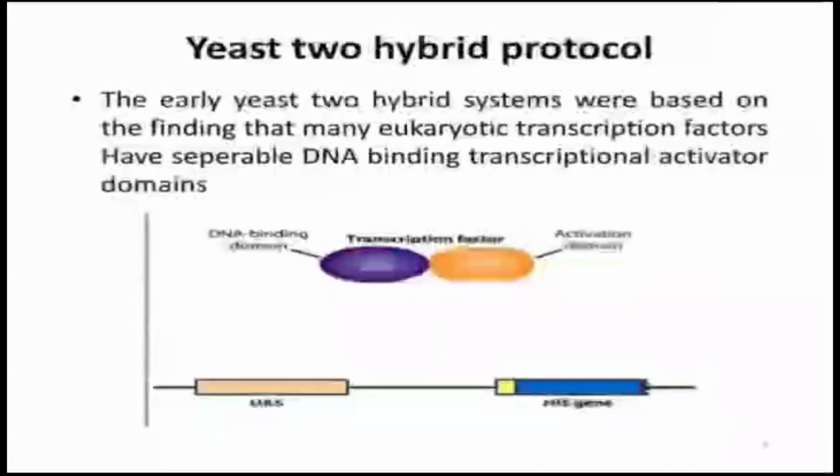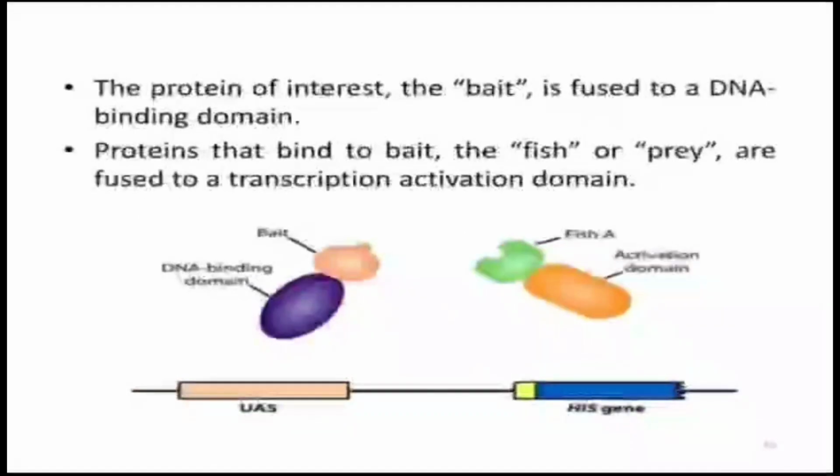Now the protocol. The early yeast two-hybrid systems were based on the finding that many eukaryotic transcription factors have separable DNA binding and transcriptional activator domains. As you all know, the activation domain is shown in the case of the HIS gene, and the DNA binding domain is in the case of UAS.